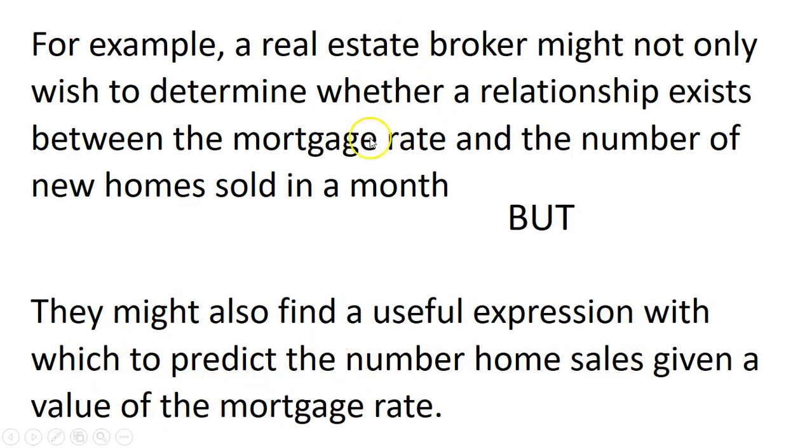So this person might say, I don't only wish to determine whether there's a relationship between the mortgage and the number of homes sold, right? Is there a relationship? But maybe I can somehow create my own rough estimate, maybe a function, maybe a predicted scale that I can use to help give me a value for a good mortgage rate.